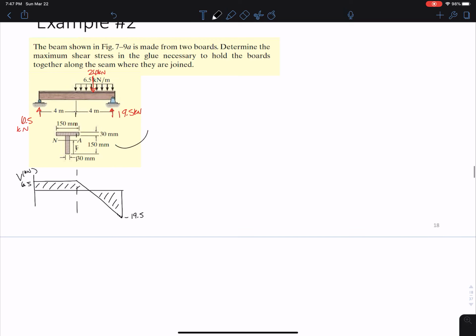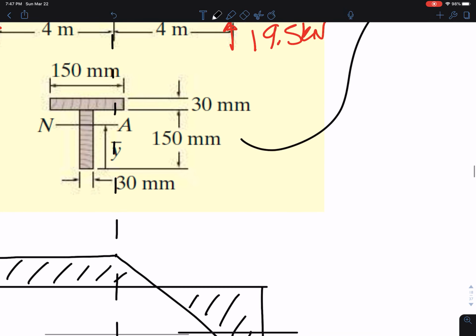We have this T shape, and our centroid is going to be determined from the reference axis, which we'll use as the bottom. They show us that in this picture; they're calculating Y bar from this point, so we're going to use the point they're telling us as our reference axis.